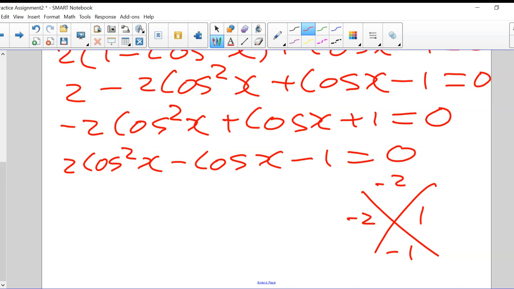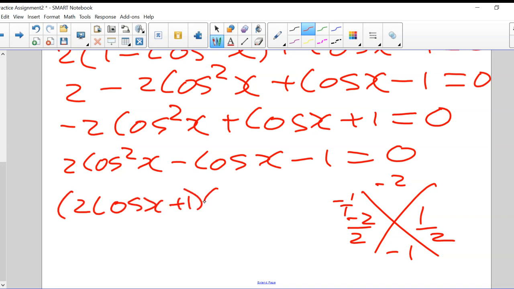All right? Then divide both of these numbers by 2. This one reduces down to minus 1 over 1. This one stays at that. So I'm going to say this is 2 cos x plus 1. And the other one is going to be cos x minus 1. That's what the 1 over 1 is, reducing down.